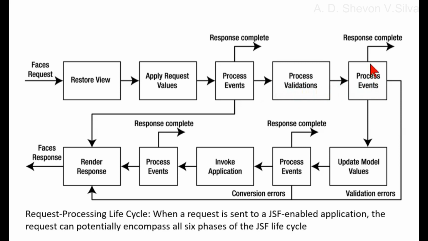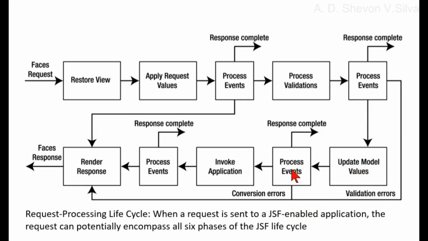Process event can connect to response complete, or process event can connect to render response with validation errors, and process event is connected to update model values. Update model values is connected to process event.